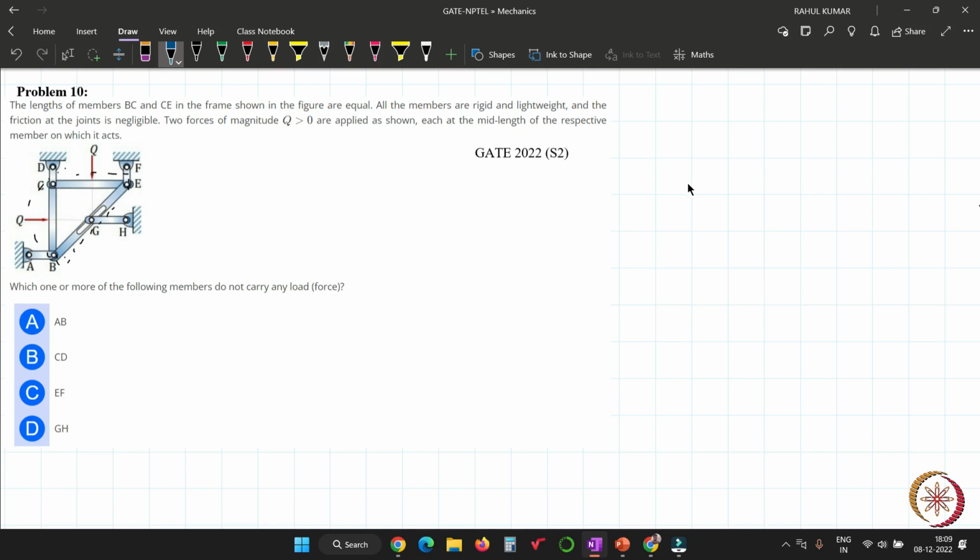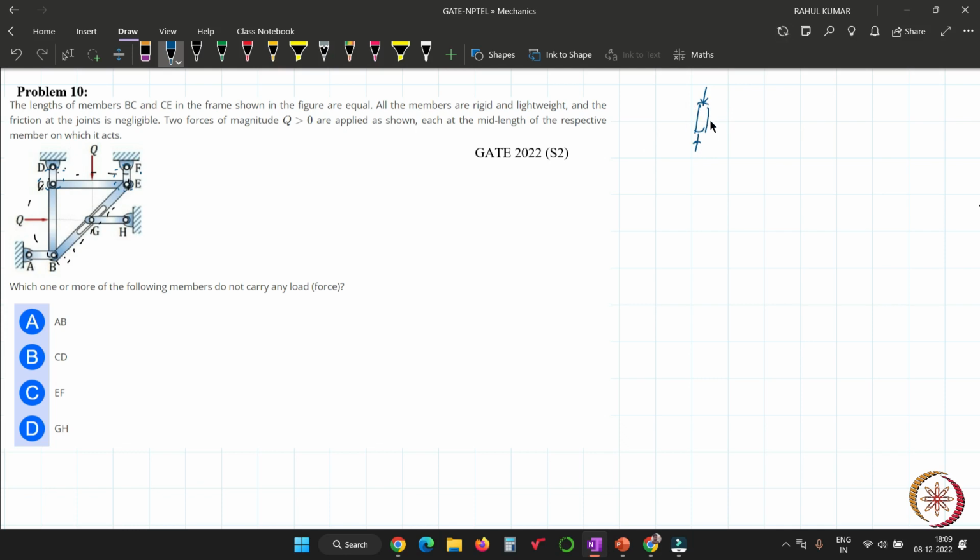I have already talked about that. If there is a link like this, these links are two force members, and all those forces are only along the axis of the link, because the end of the link is actually a pin joint, so it is not able to resist the moment.